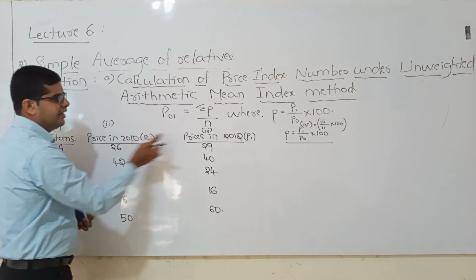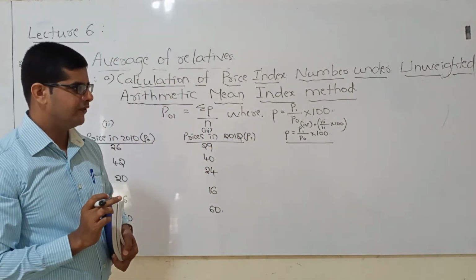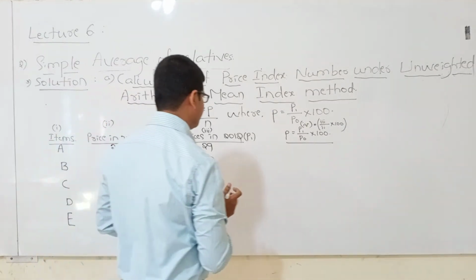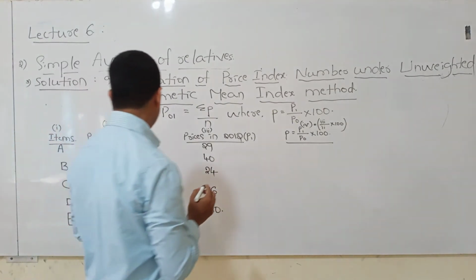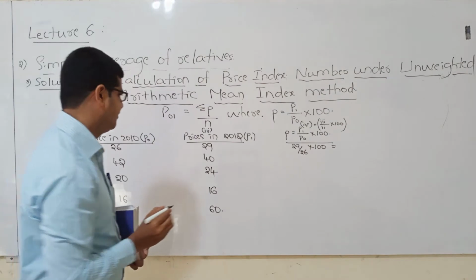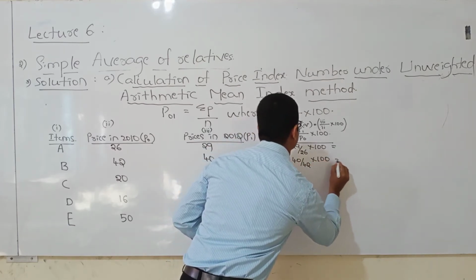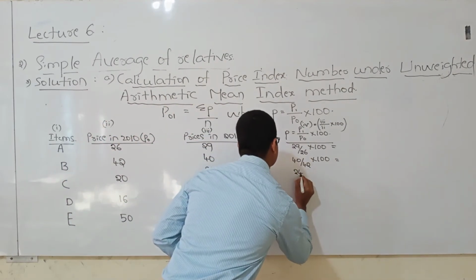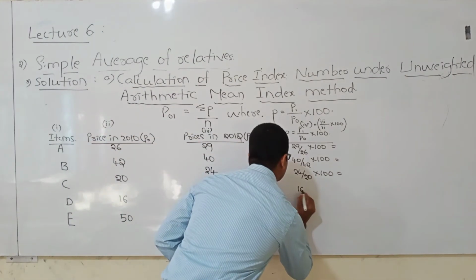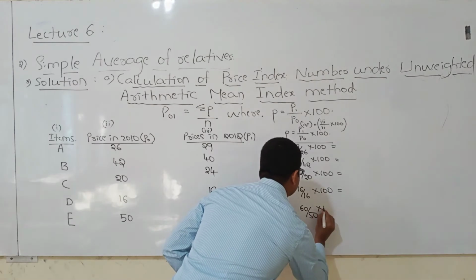Individually we calculate so that we can get P, then summation P. For commodity A, P1 is 29 divided by 26 into 100. 40 divided by 42 into 100. 24 divided by 20 into 100. 16 divided by 16 into 100. 60 divided by 50 into 100.